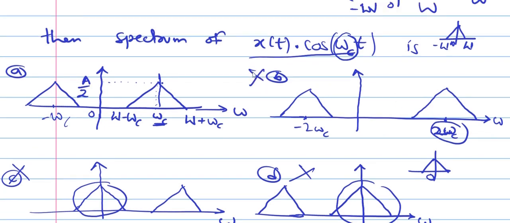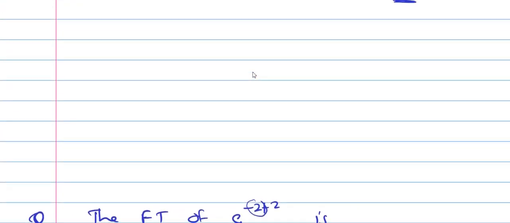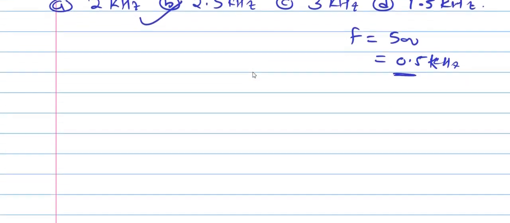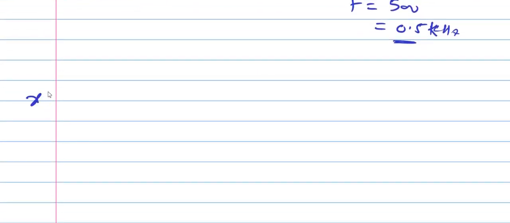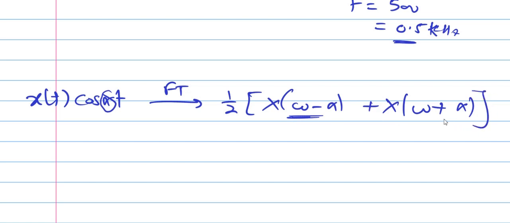So why am I saying that it is shifted on left side and right side? Because in this formula, x of t cos of alpha t has Fourier transform 1 by 2, x of omega minus alpha, so this is shifted by alpha, that is by the frequency of the cos, plus x of omega plus alpha. So again it is shifted.